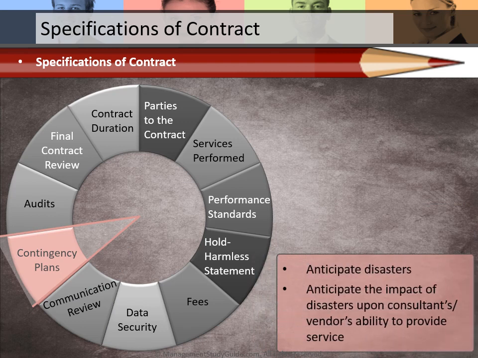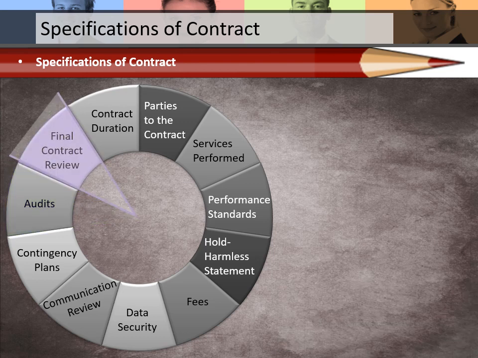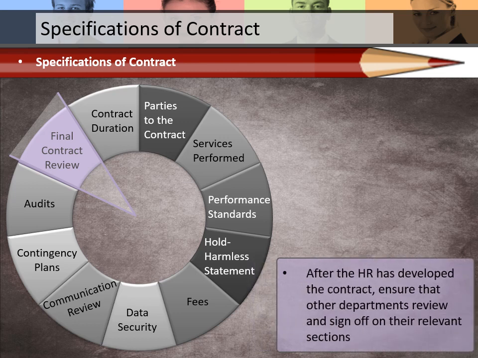Anticipate the impact of disasters upon the consultant's or the vendor's ability to provide service. Audits. Specify details of audits in the contract to avoid fees and misunderstandings later. Final contract review. After the HR has developed the contract, ensure that other departments review and sign off on their relevant sections.